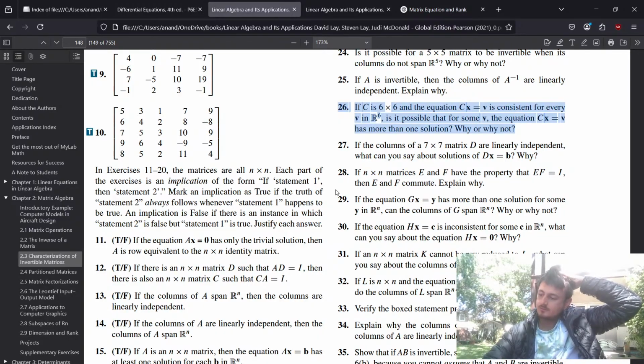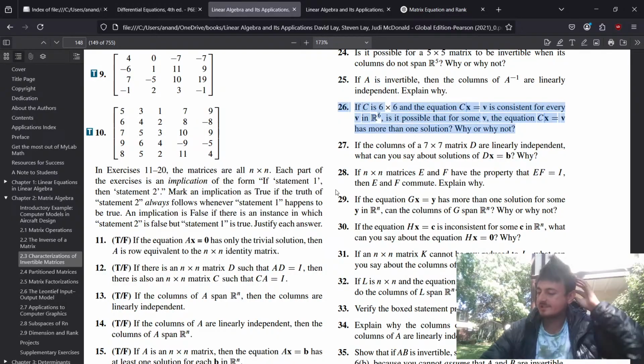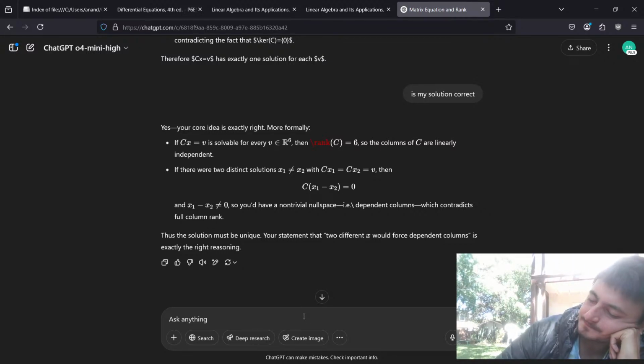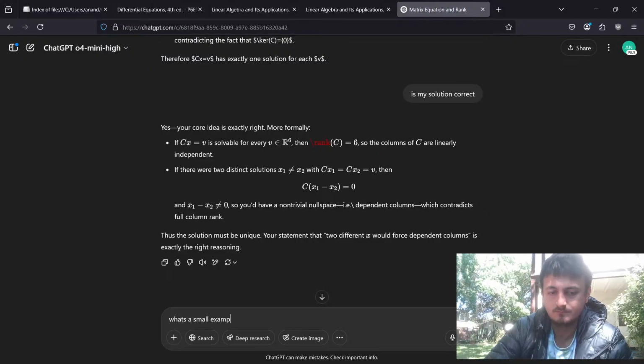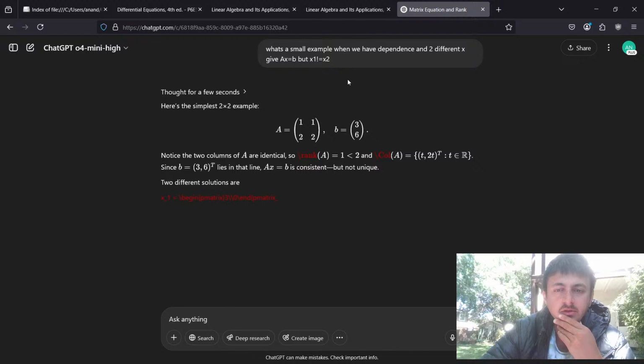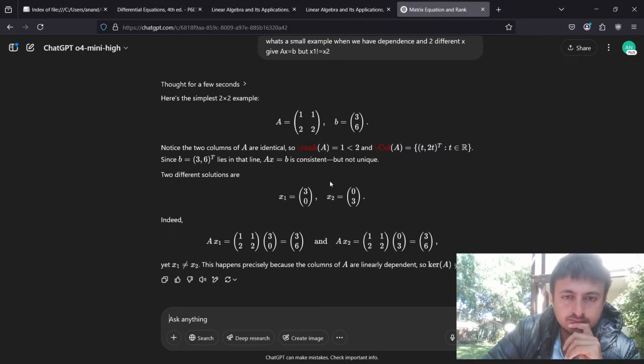Wait, actually, what's an example? A small example for when, wait, okay, A equals 1, 1, 2, 2, x1 is equal to 3, 6. So if we have x1 is equal to 3, 0.